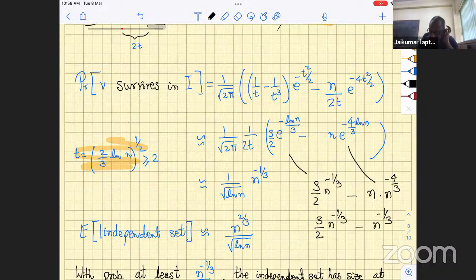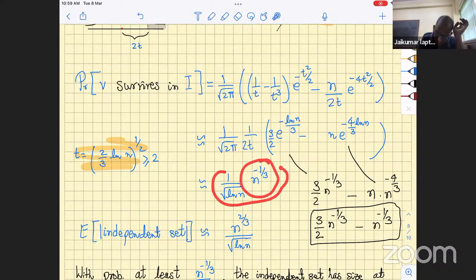Yeah. So you still have half n to the minus 1/3 here. It might look very miraculous, like something very clever was being done here. You can always adjust the constants to get such a situation. Okay. So the constants have been adjusted in such a way that still an n to the minus 1/3 survives.